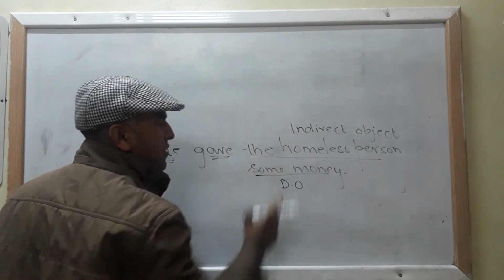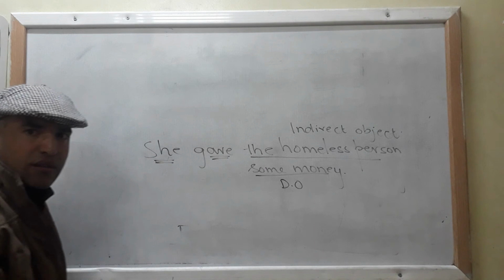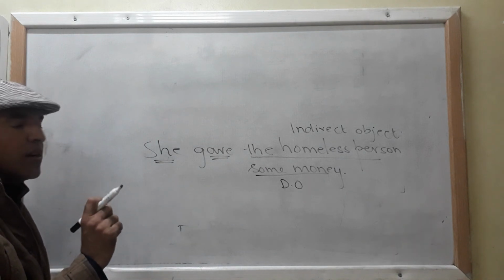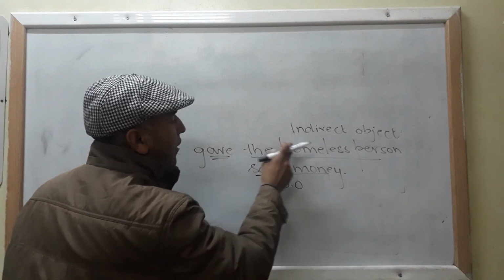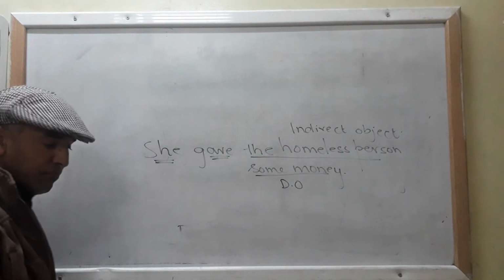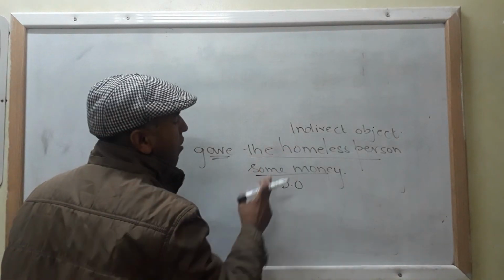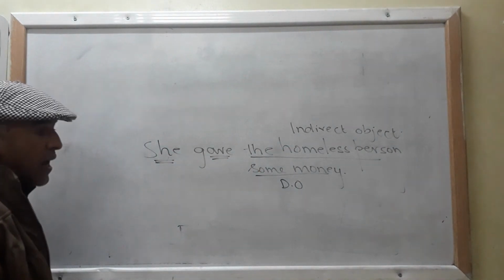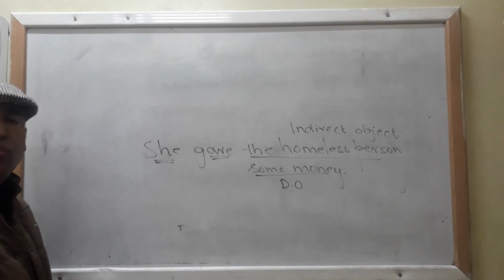This is a very important point that I would like every one of you to bear in mind regarding indirect and direct object: your indirect object is the receiver of the direct object, and your direct object is the receiver of the action shown by the verb in a sentence.